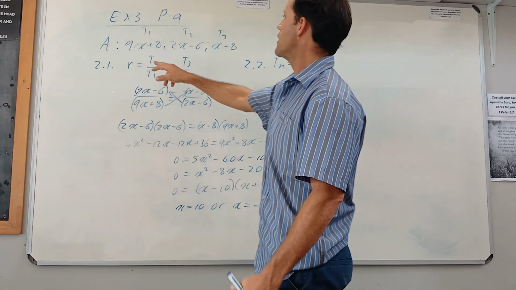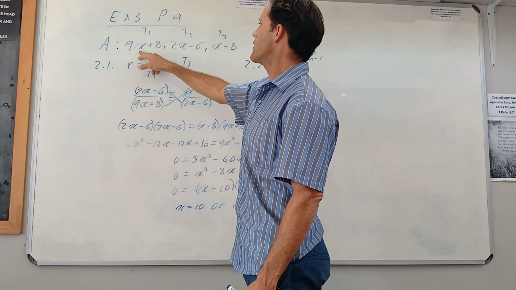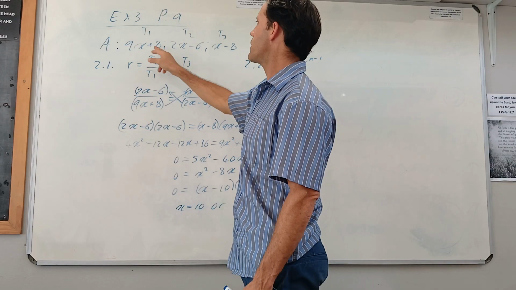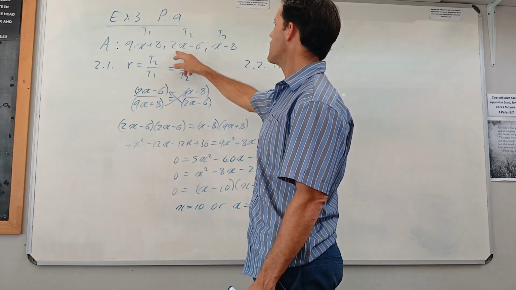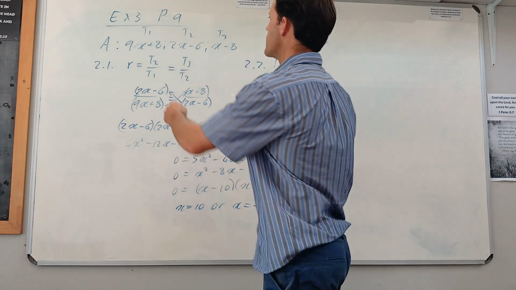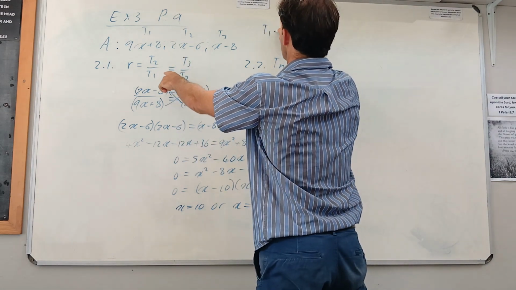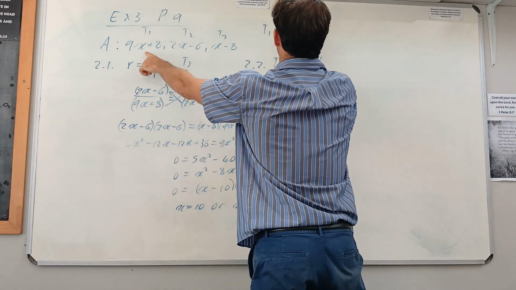So we know now, let's say we use the 10. Let's see, 9 times 10 is 90, plus 8 is 98. If we put 10 in here, we're going to get term 1 is equal to 98.